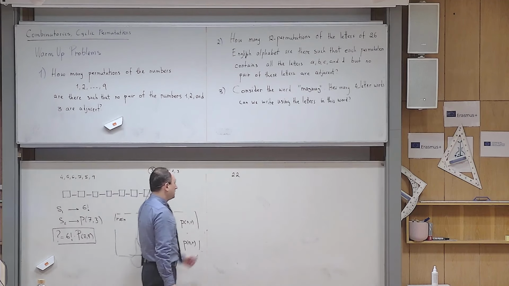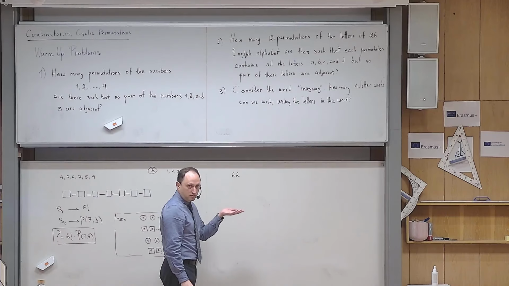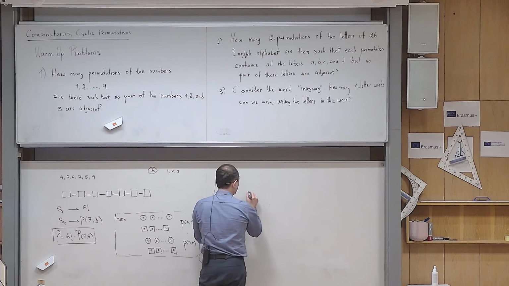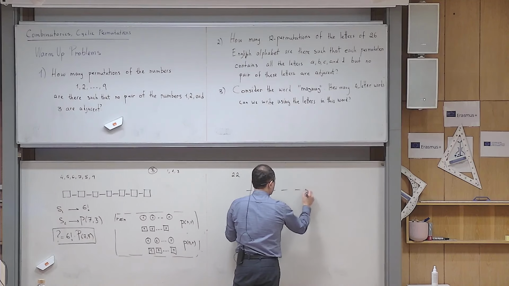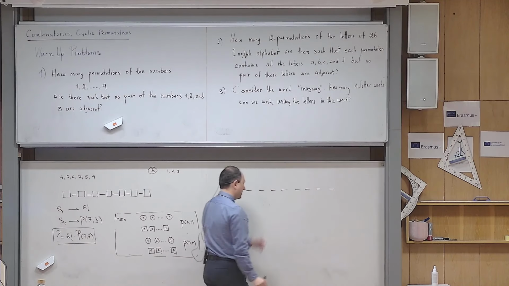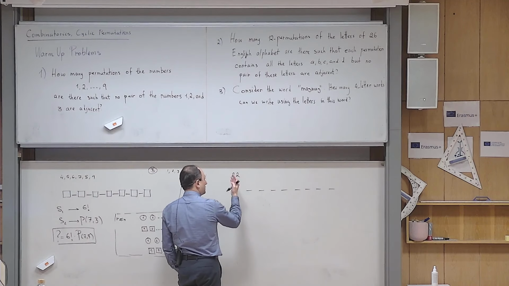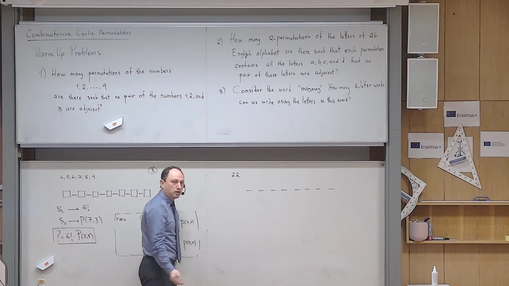But how many of them do I want to choose and arrange? How many? 8. Yes. So I will choose 8 of them. So I put 8 boxes here. 1, 2, 3, 4, 5, 6, 7, 8. I need 8 locations. So I will choose 8 of them and arrange them in these boxes so that every box receives exactly 1 marble.